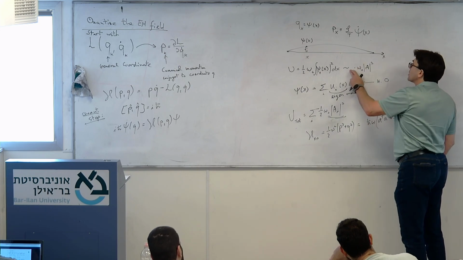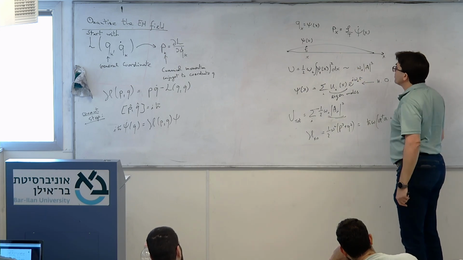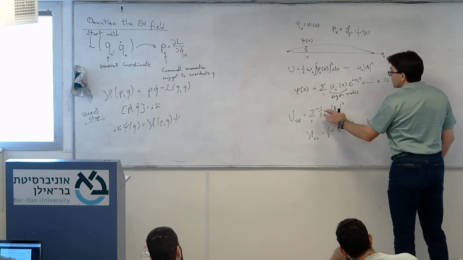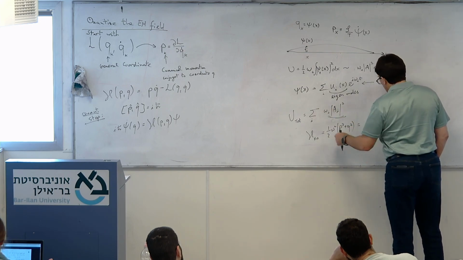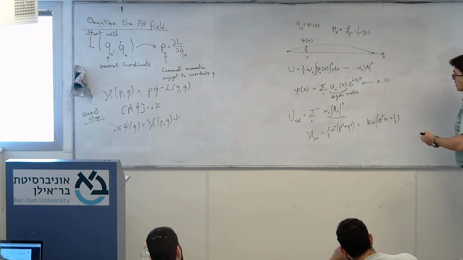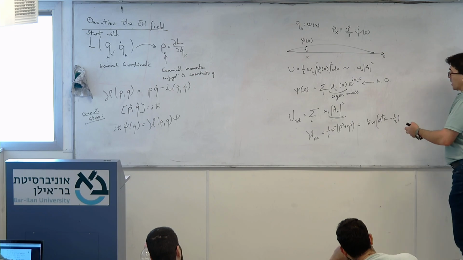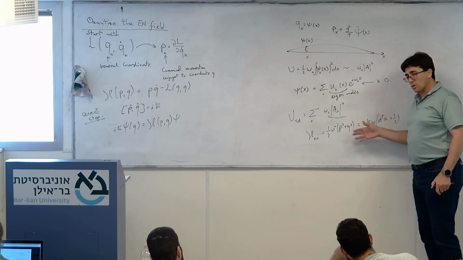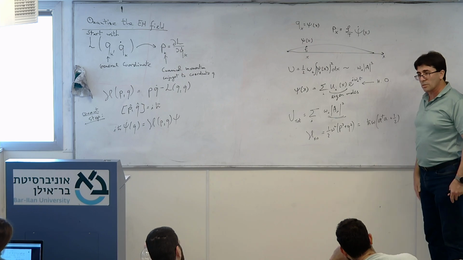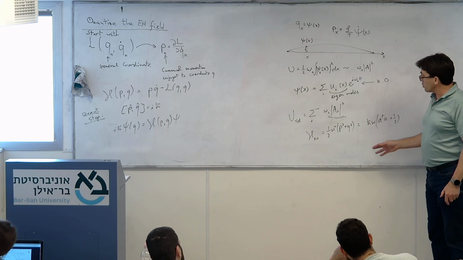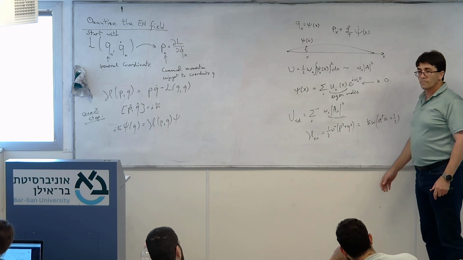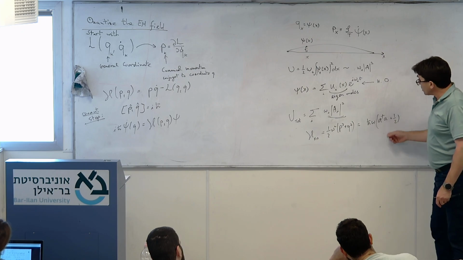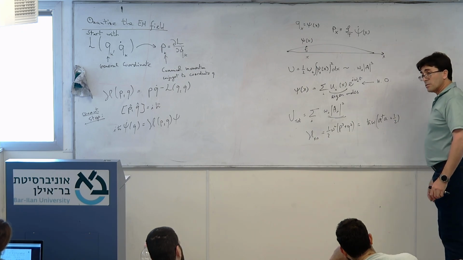Excuse me, I'll take that away. I don't want the halves right now. And the main thing is that if I know the harmonic oscillator Hamiltonian, I can write it in terms of P and Q, or in terms of A and A dagger.